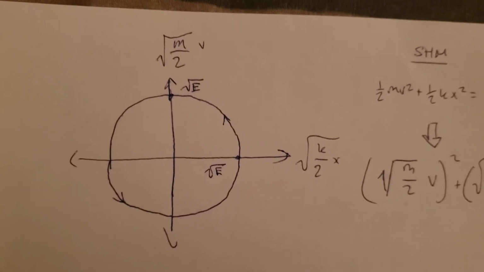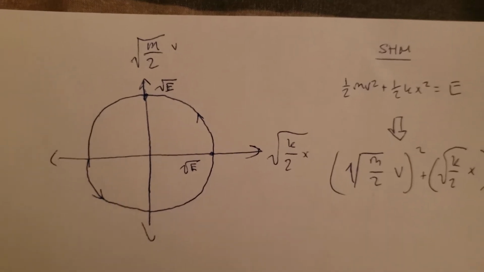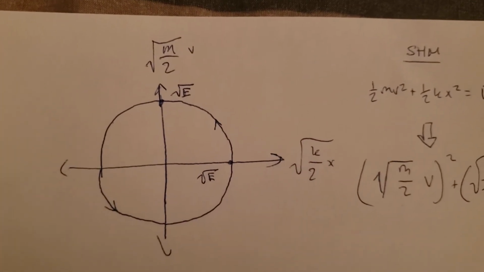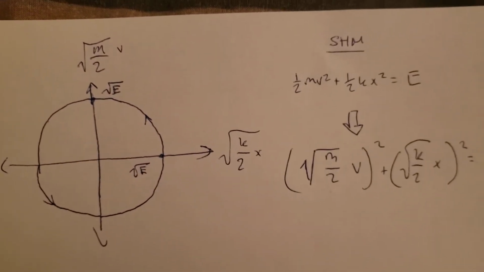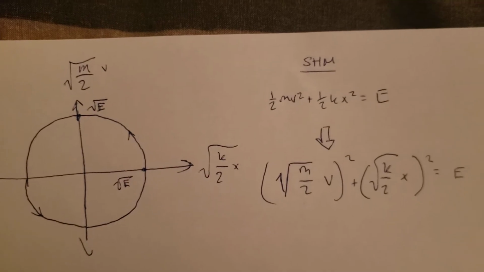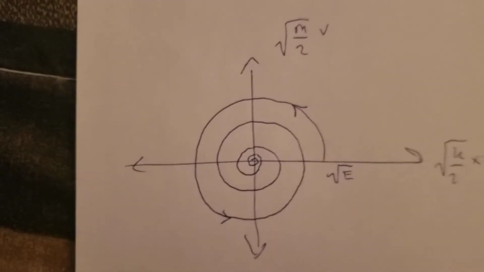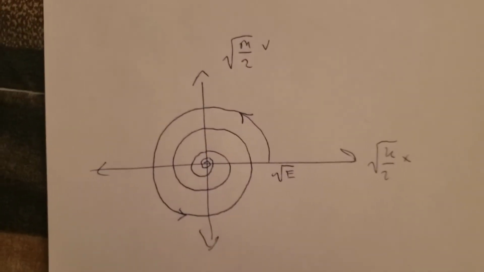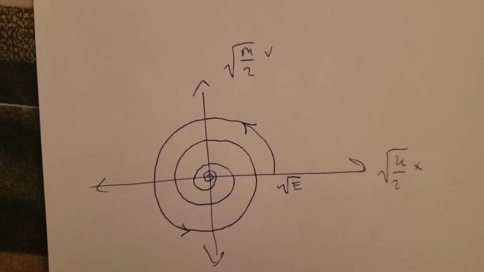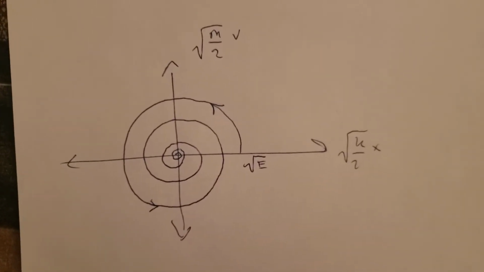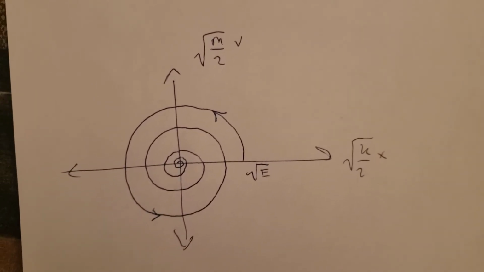As for the part of the question that says describe what will happen in subsequent periods, this will just follow the same exact path forever, I believe, if there's no exterior forces placed on it. But then for part B, in the second case where we have a damped version, this is the same thing, except since there's a damping force now, the circle will spiral smaller and smaller until it eventually stops and returns to equilibrium.